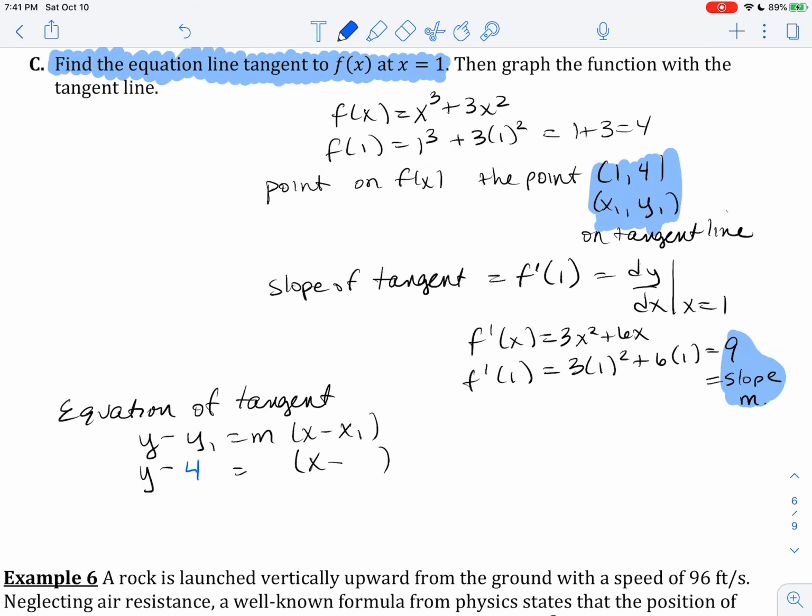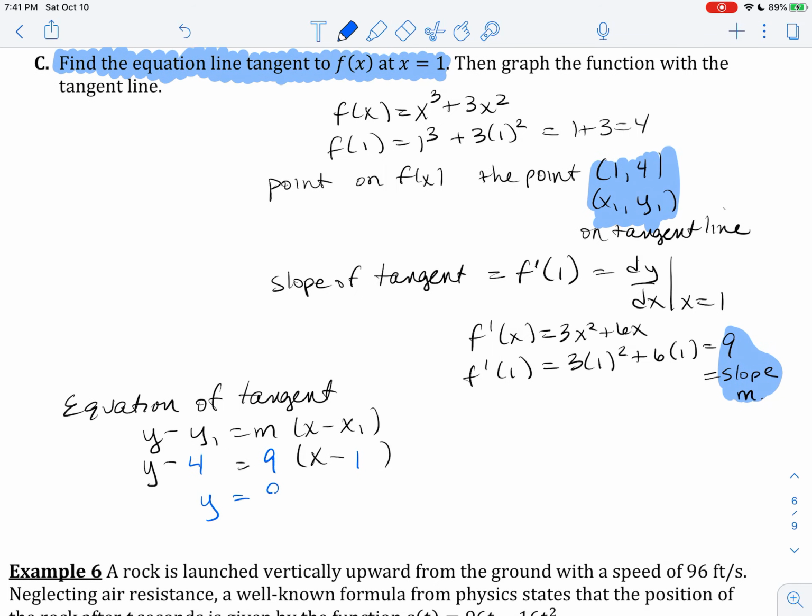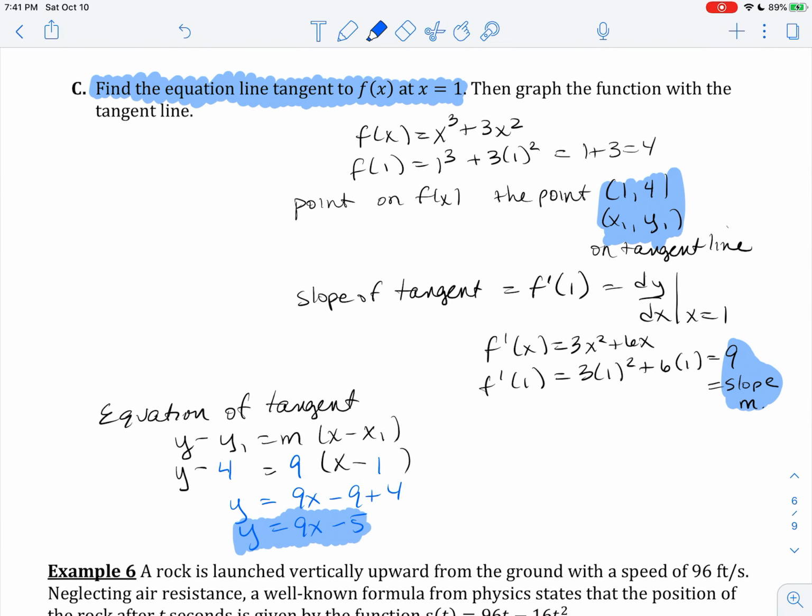So our y1 is 4, our slope is 9, and our x1 is 1. And we can say that y here is going to be 9x minus 9 plus 4, or 9x minus 5. And that would be the equation of our tangent at x equal to 1.